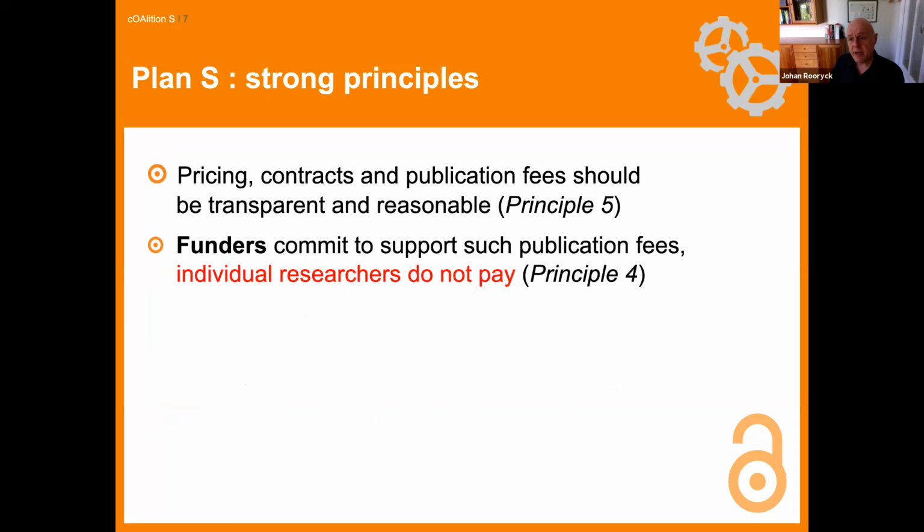That is a very important principle, just like the researcher does not pay themselves for the blackboard in their office or their chair. They should not be paying for publication fees. Publication fees should simply be a part of the grant, or simply a part of the facilities that are put at the disposal of a researcher in our view.